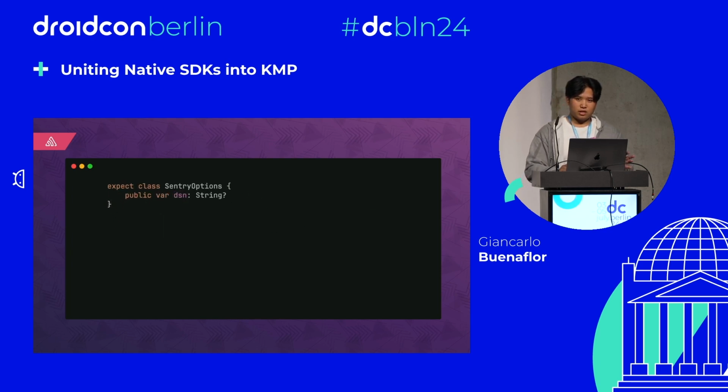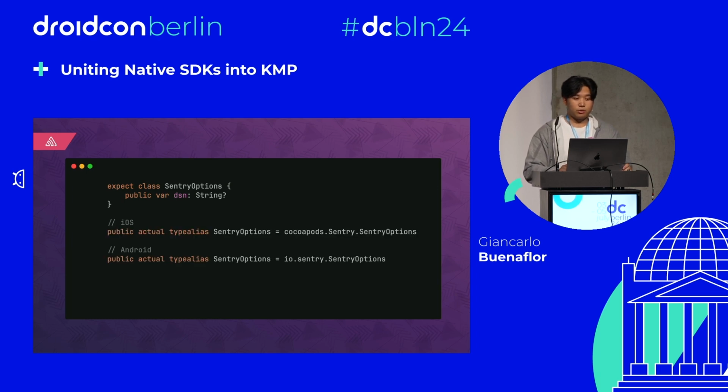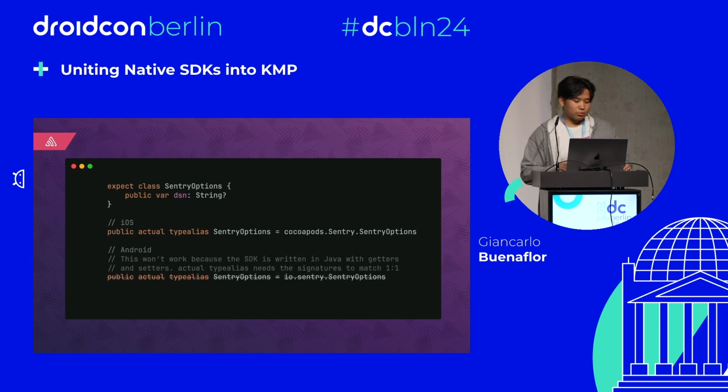So let's change that and let's do an expect on the Sentry options and add this simple DSN property with this nullable string. And then what we can do is we can use actual typealias, so we can directly use the underlying implementation, so we don't have to do any converting from one type to another. And this works, in this case, only for iOS.